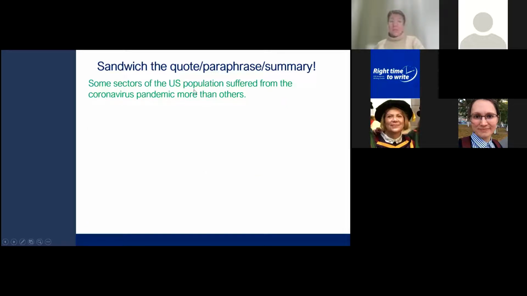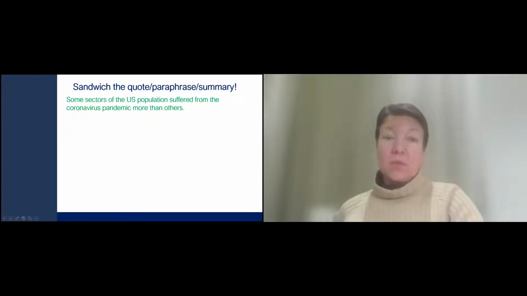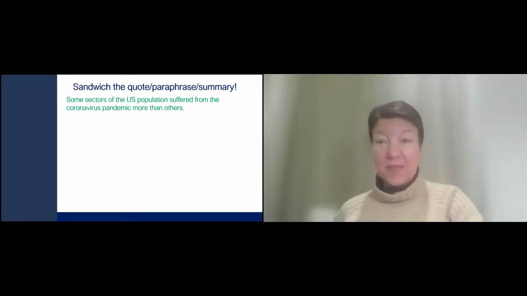Some sectors of the US population suffered from the coronavirus pandemic more than others. Who can label this sentence for me? Can you please unmute yourselves and tell me what this is? Is it still the author's text, or is it already the source?